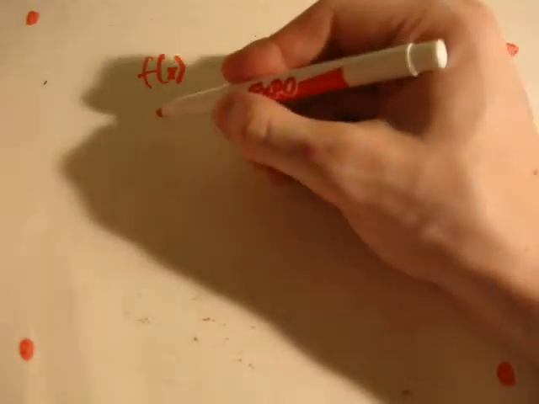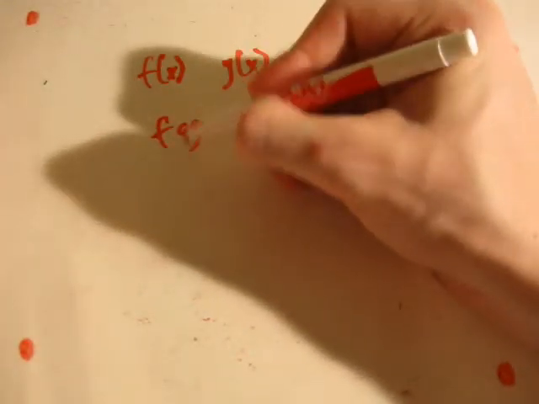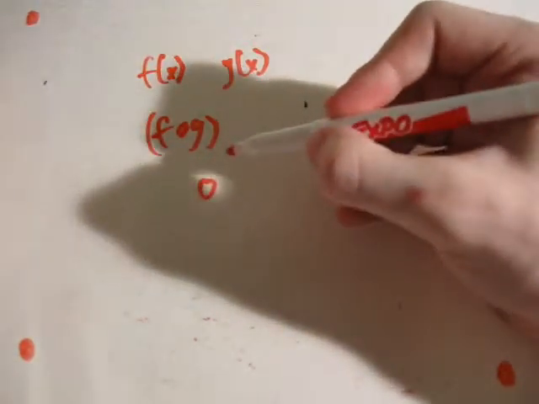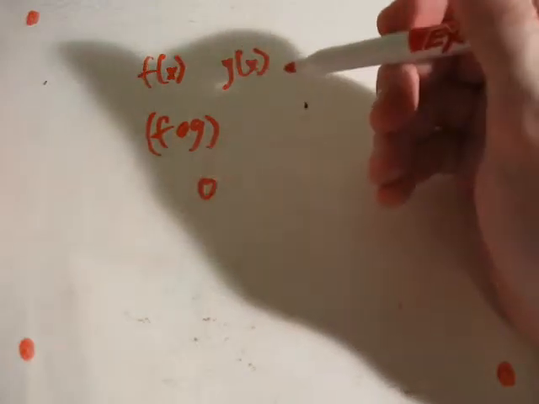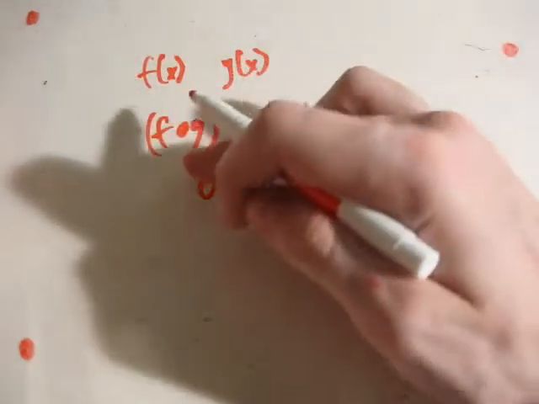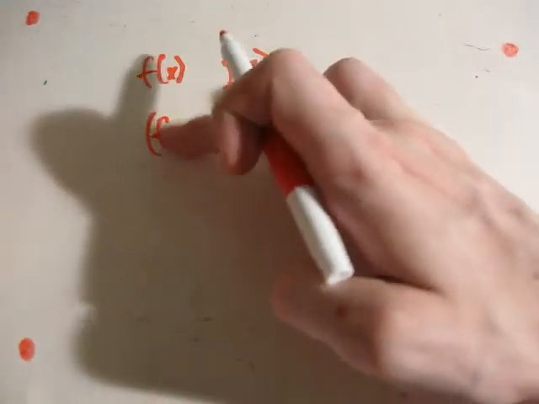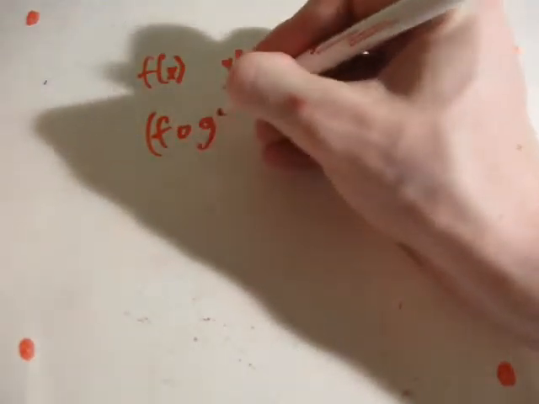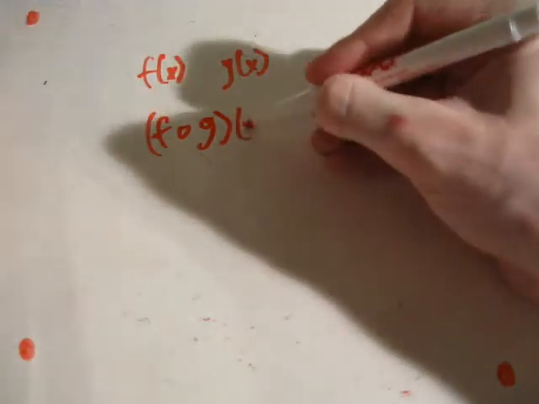A composition of the functions is f composition. This little circle here is not a 0, it's not an O, it's an open dot, and it stands for composition. So f composition g of x.